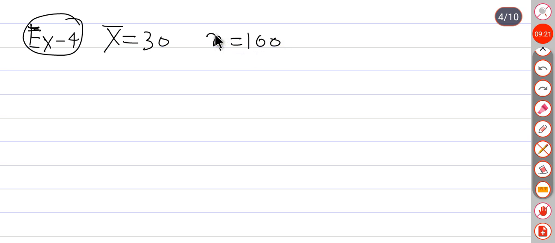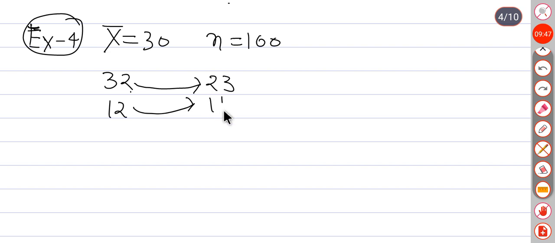At the time of calculation, instead of one, two items were copied wrongly. Instead of 32, it was copied as 23, and instead of 12 it was 11.